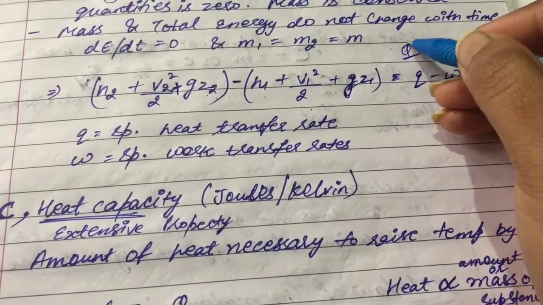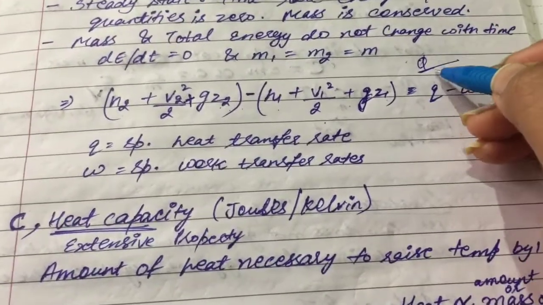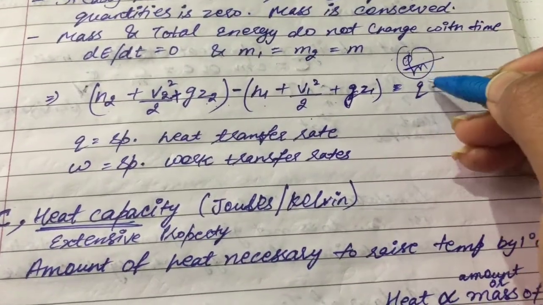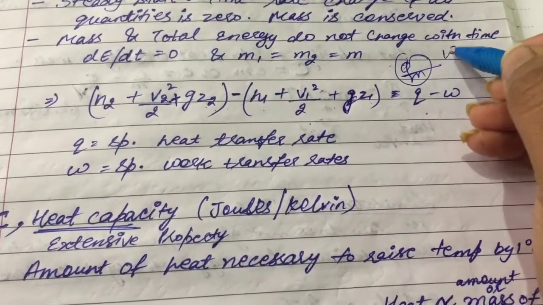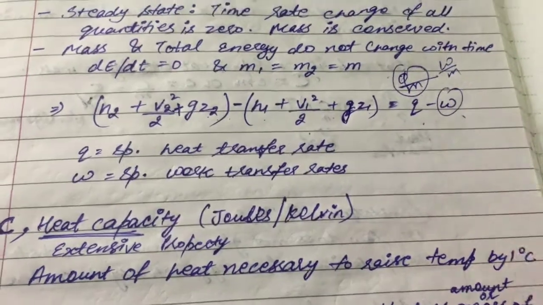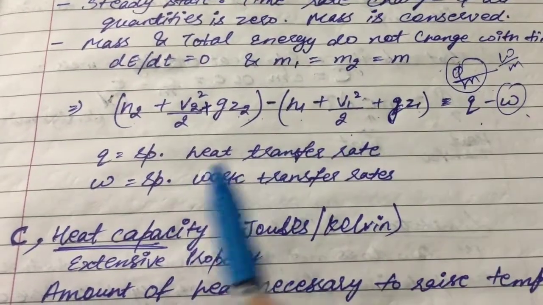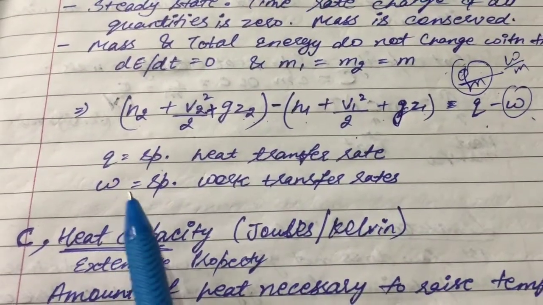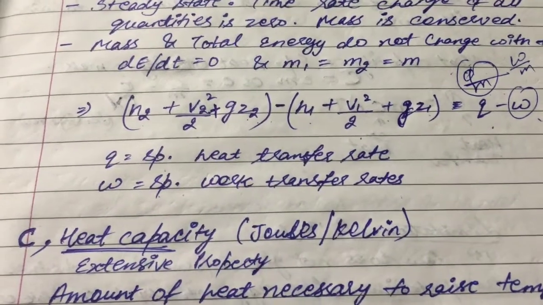It was Q by m, which is small q, and W by m, small w, where small q is the specific heat transfer rate and small w is the specific work transfer rate.